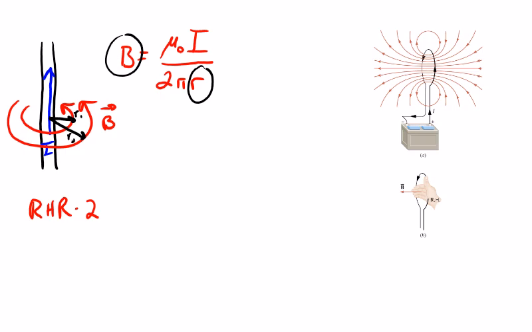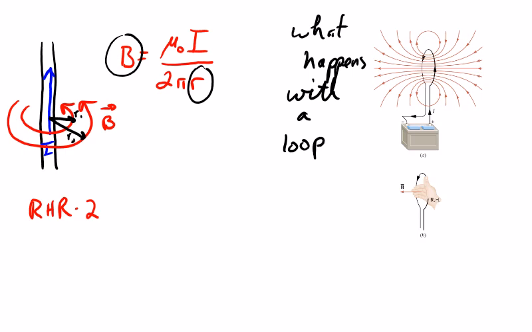But the next idea, and that's what these pictures over here are trying to represent, is what happens if you take that wire and curl it around in a loop. With a loop, I still have my current, which I'm going to draw in blue here.